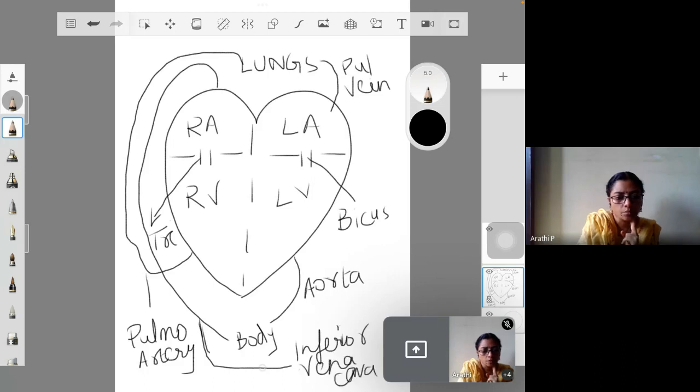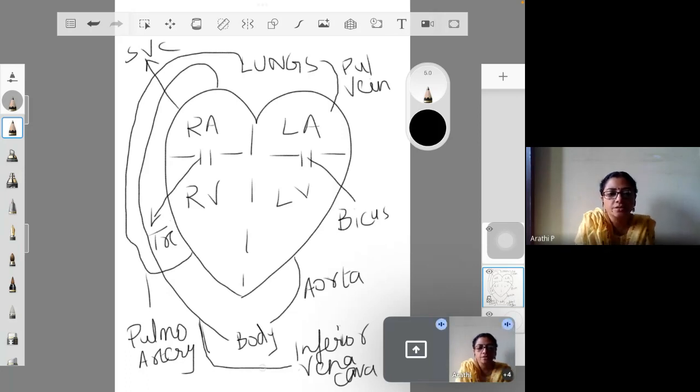And this is superior vena cava. The upper part is superior vena cava. That's all that the heart does. It's like a motor. It circulates blood. It doesn't do anything else.